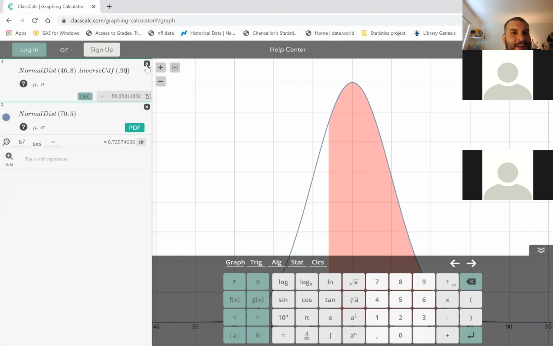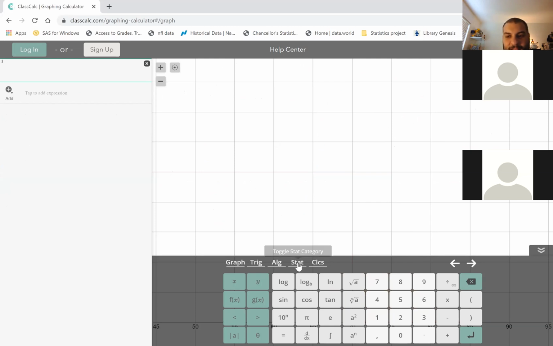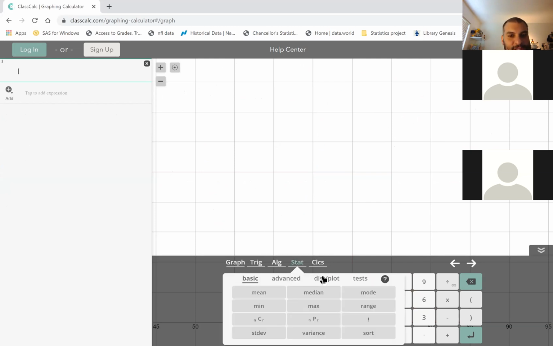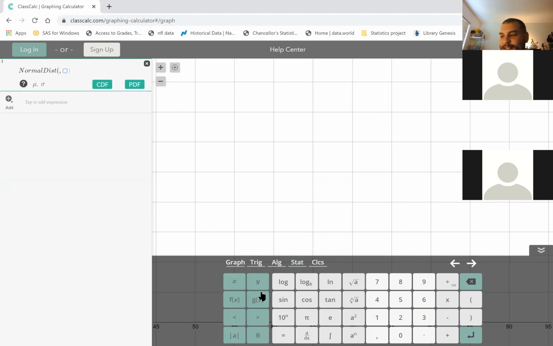First you go to stats, then distribution, normal distribution. We tell it the mean is 182.9, the standard deviation is 40.8. Since we're finding the probability, we want CDF. The lower bound is 156.25 and the upper bound should be infinity.